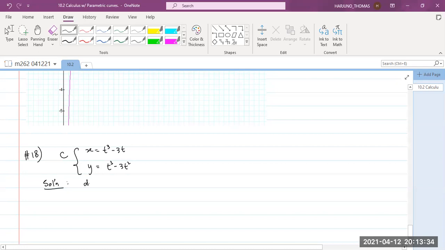Okay, dx dt will be 3t squared minus 3, while dy dt is 3t squared minus 6t. Factor the 3t, I get t minus 2.